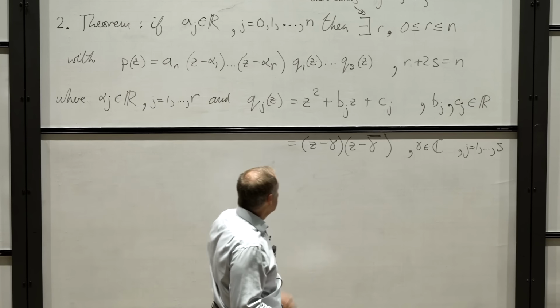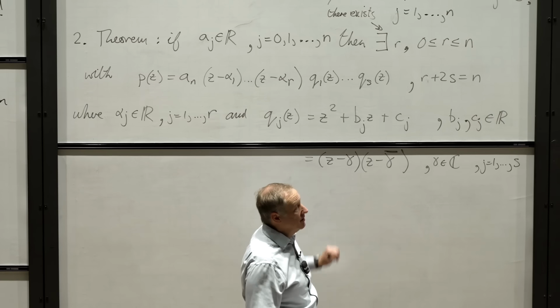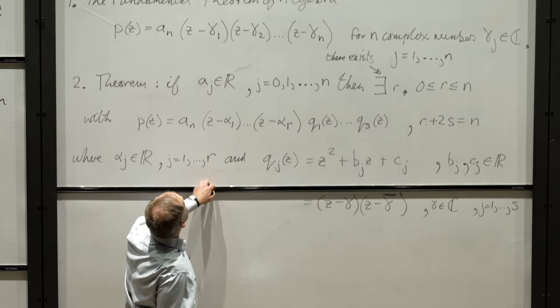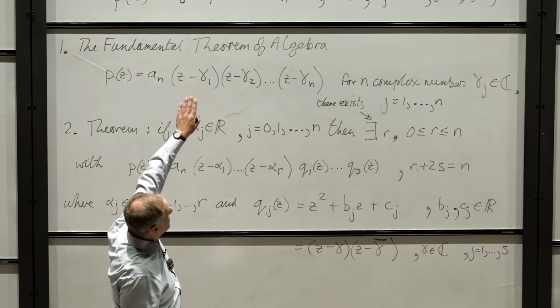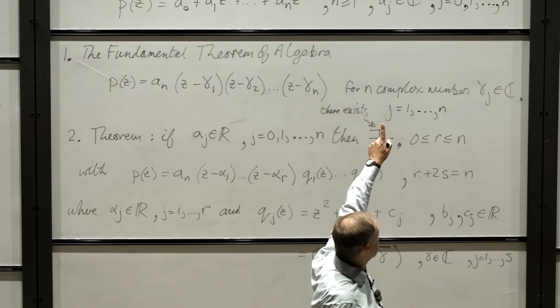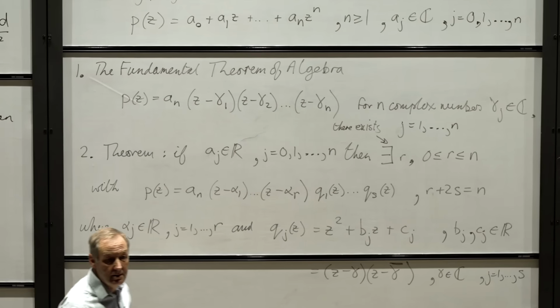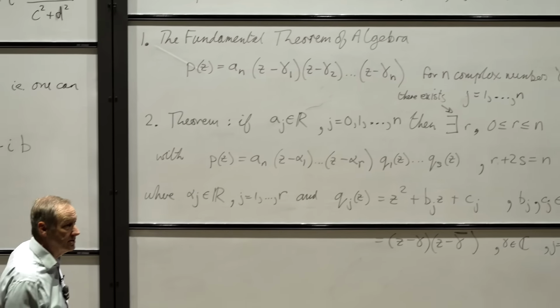And those real quadratic polynomials have two complex roots, which are conjugates of each other. And you can see that in the example above: minus a half plus and minus i root 3 over 2. That's a complex root times its conjugate.